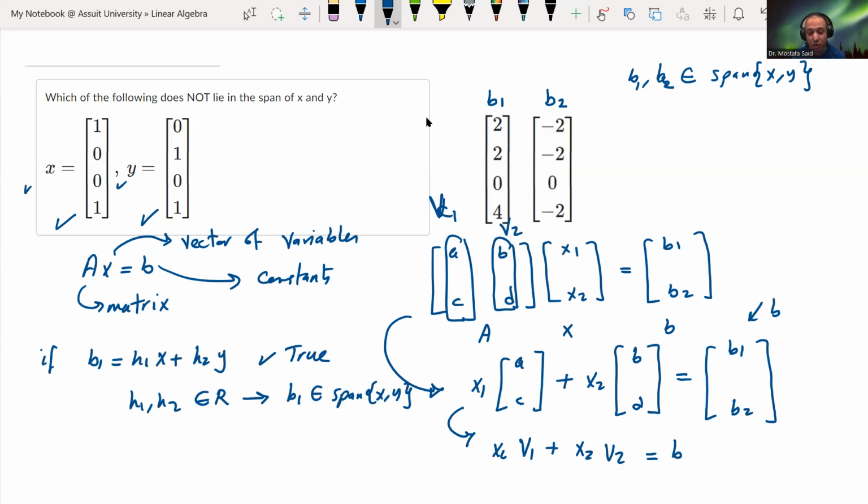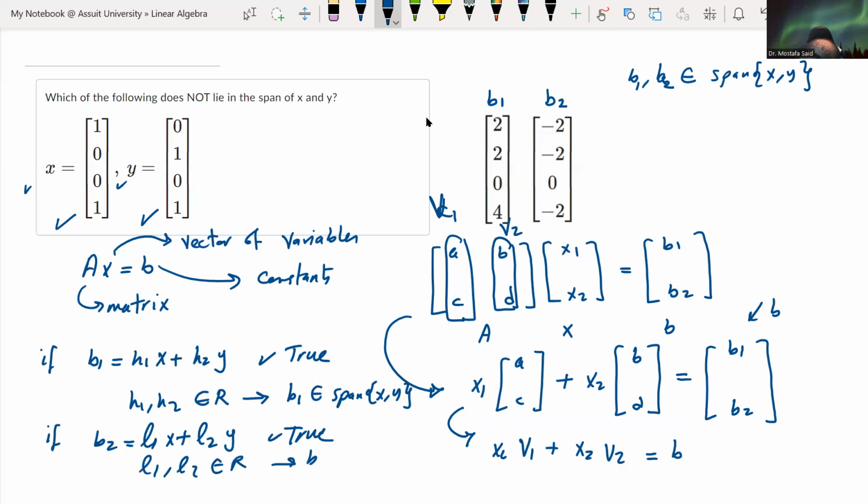And this is the same for B2. If B2 can be expressed as, let's call them L1 and L2, L1X plus L2Y, where L1 and L2 again belong to R, then B2 belongs to the span of X and Y. This question is a little bit different, you know: which of the following vectors doesn't belong to the subspace of X and Y?